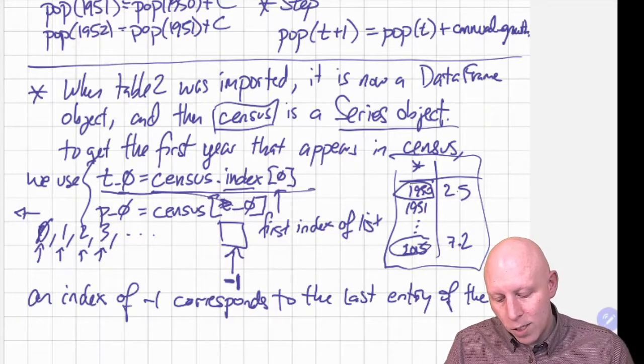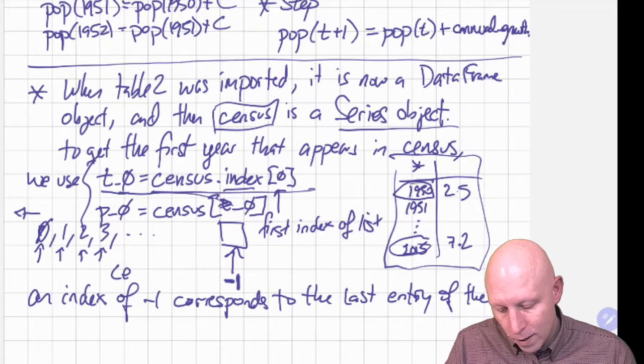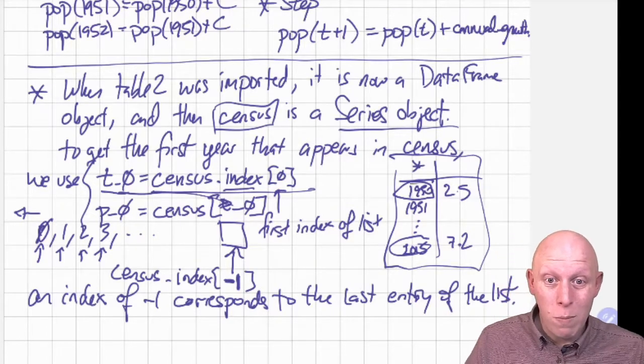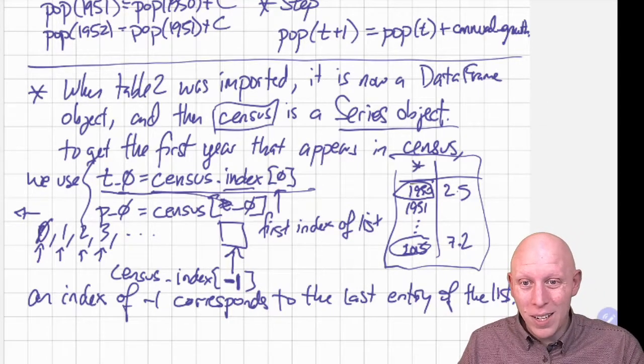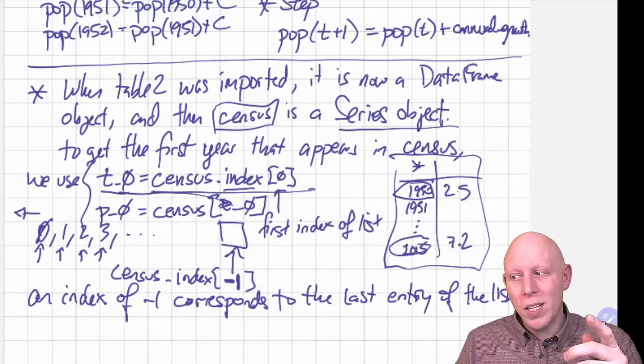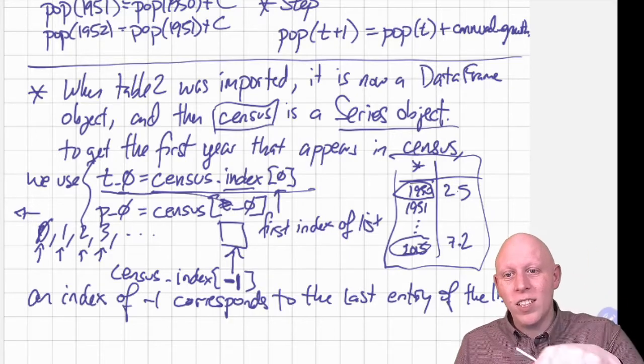So when we ask for census.index[-1], it feels like we're trying to go back in time by a unit, but what we've used this shortcut to represent is going to the end of the list and starting to count backwards.